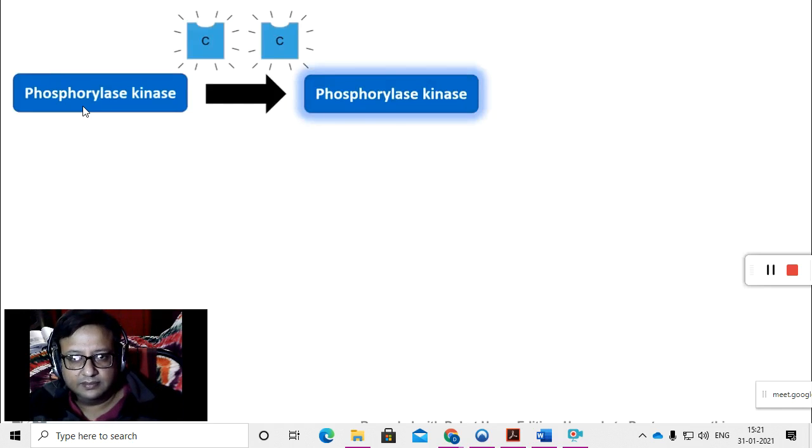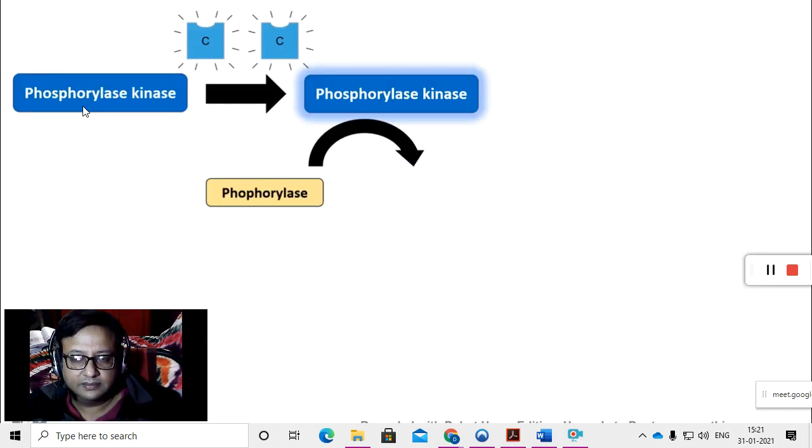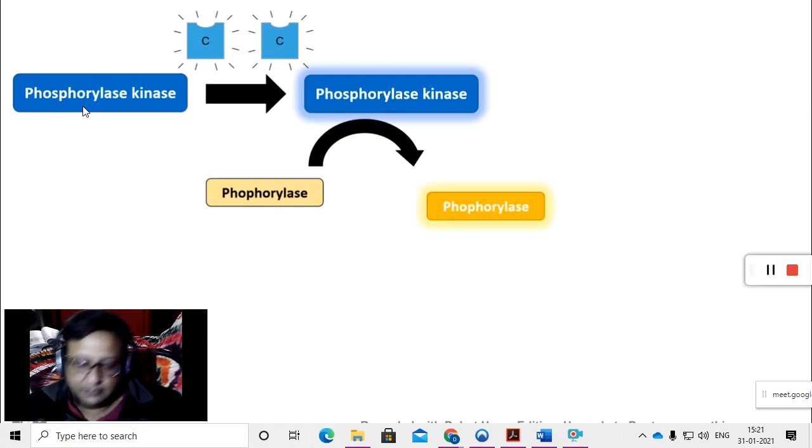So whom does it regulate? Phosphorylase kinase actually phosphorylates the glycogen phosphorylase. Now we have already learned that glycogen phosphorylase is so important to break down the alpha 1,4 glycosidic linkage and thereby breaking down glycogen into glucose.